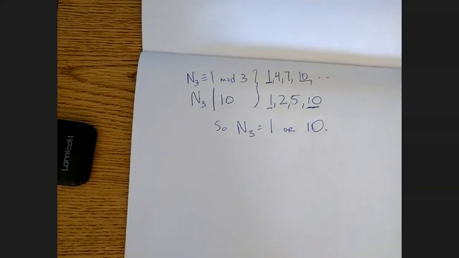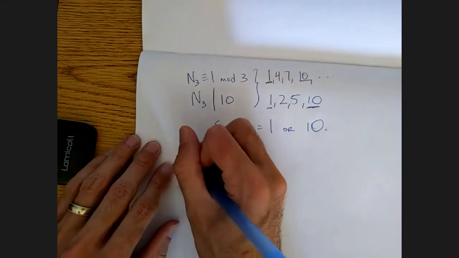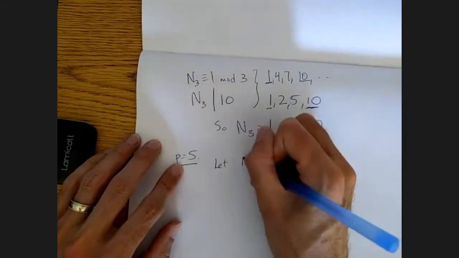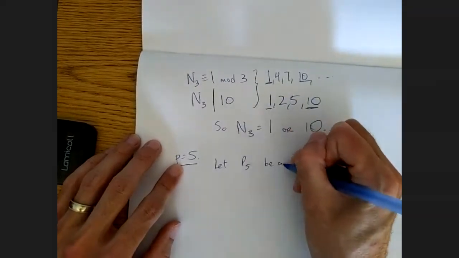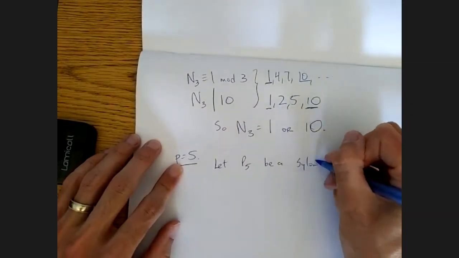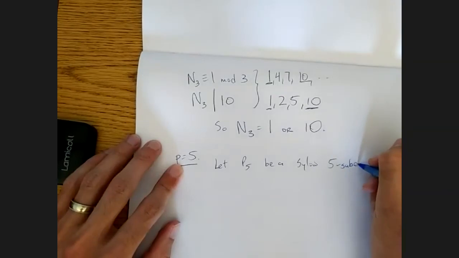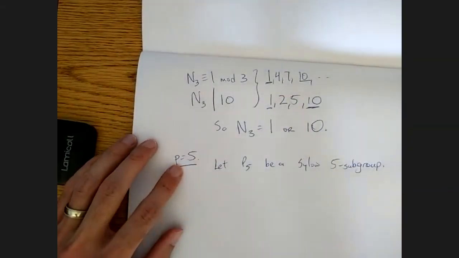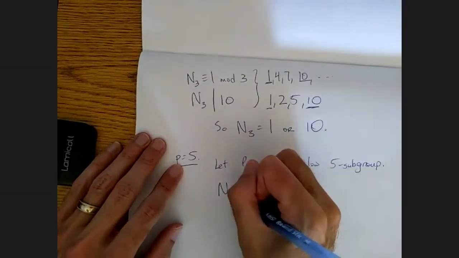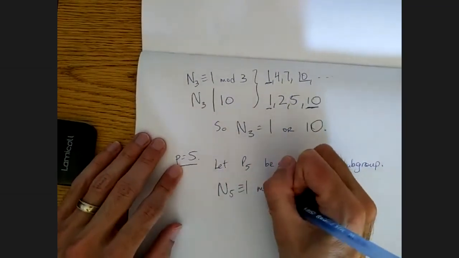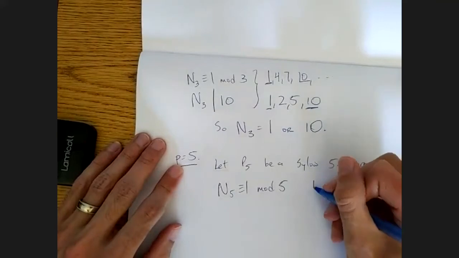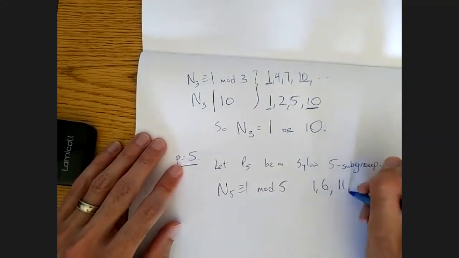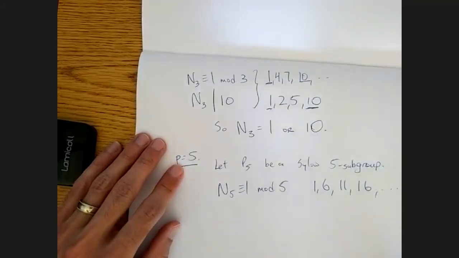And then the other prime is 5. What about p equals 5? Let P5 be a Sylow 5 subgroup. Now N5 is congruent to 1 mod 5. That tells us it could be 1, 6, 11, 16, like that.